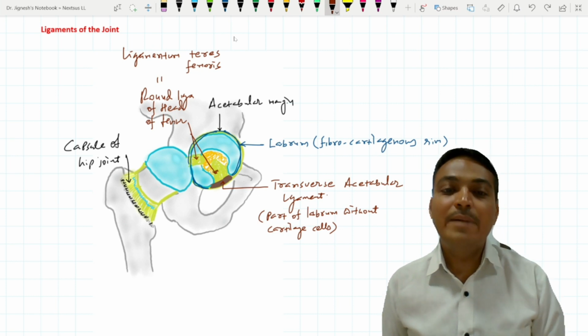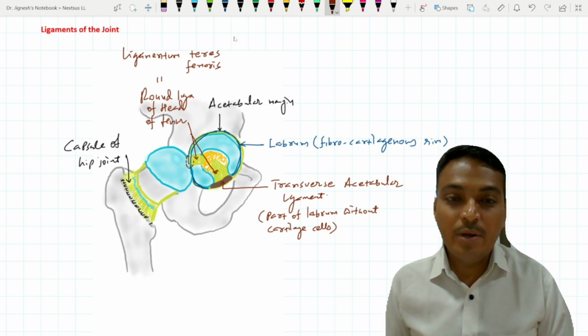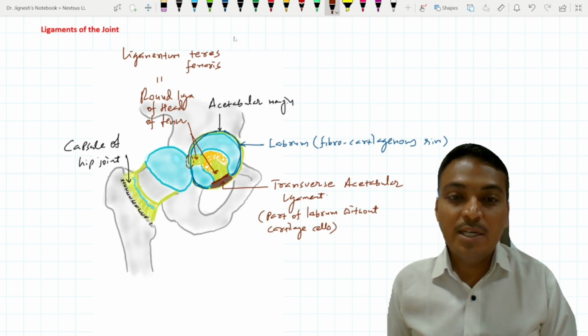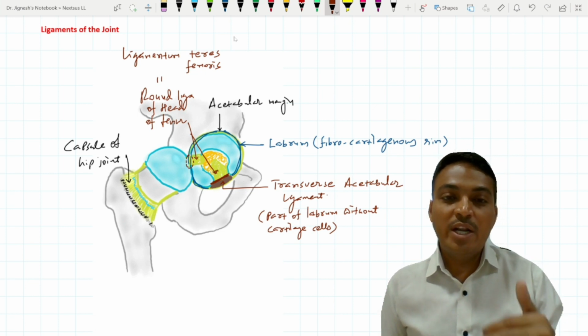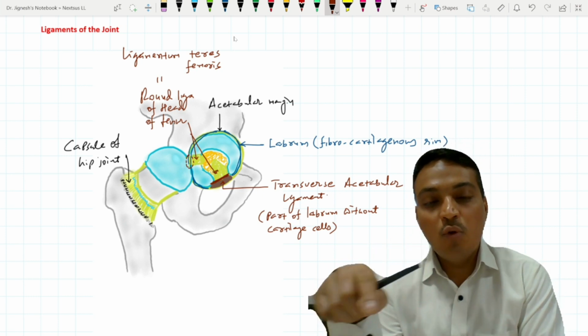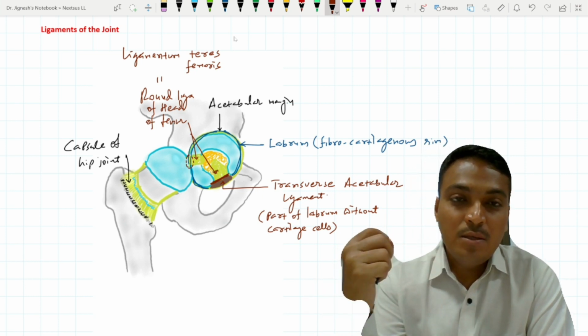It is a triangular shaped ligament with the apex attached over the fovea of the femur, while the base is attached over the transverse acetabular ligament and the margins of the acetabular notch. This ligament is situated within the capsule, but it is covered with the synovial membrane on each side. That's why it is extrasynovial also.